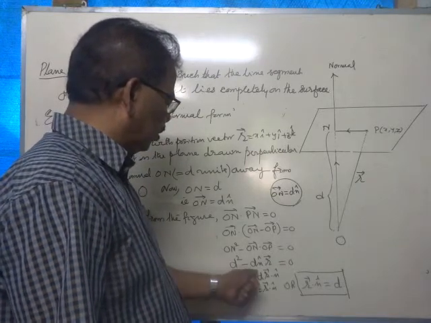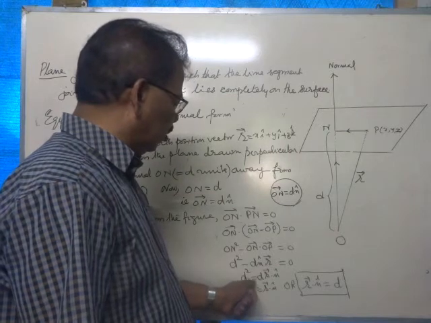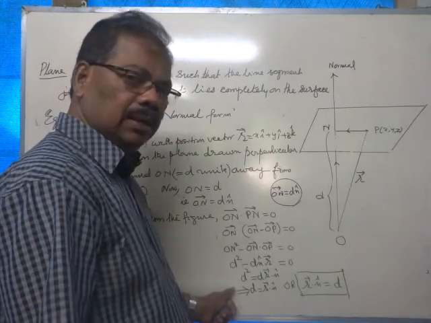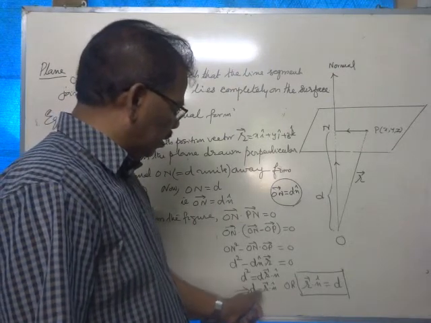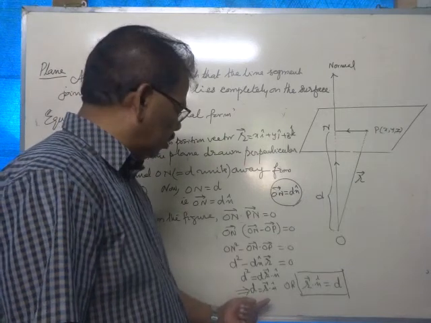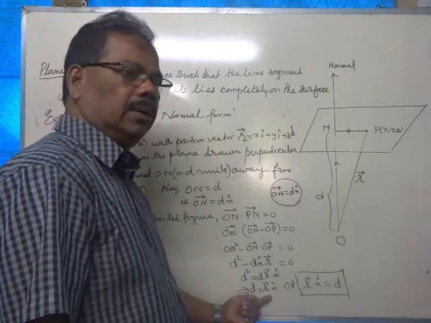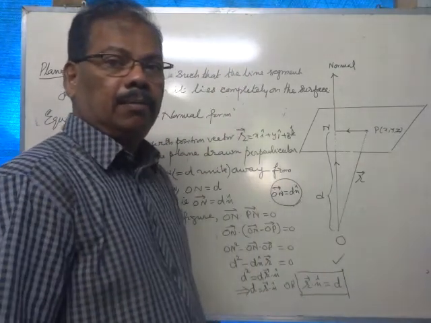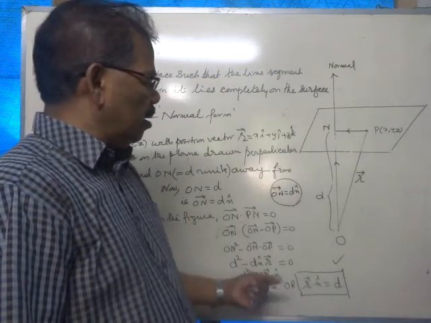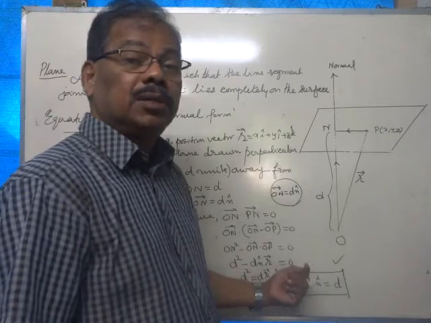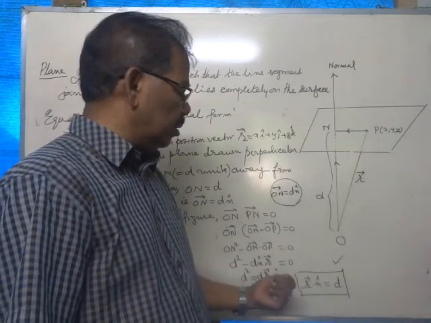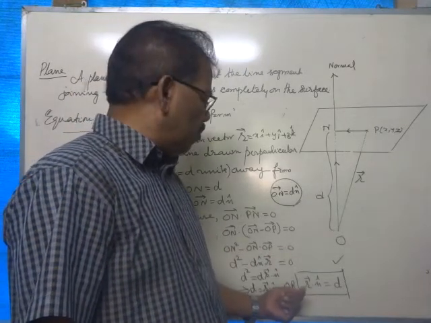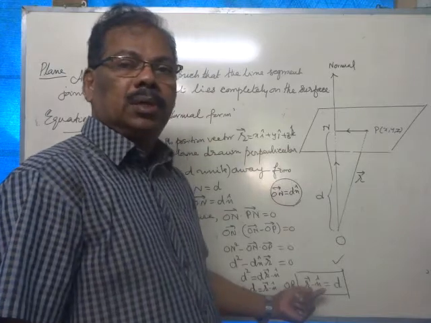Shifting this term to the right, d square is equal to d r dot n cap. Dividing by d on both sides, then d is equal to r dot n cap, or we can say the vector equation of a plane at a perpendicular distance d units from the origin can be represented as vector r dot n cap equals d.